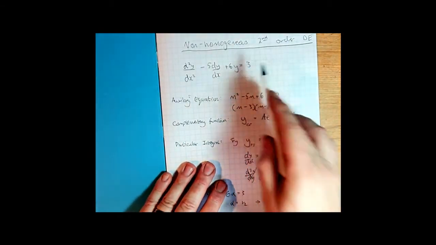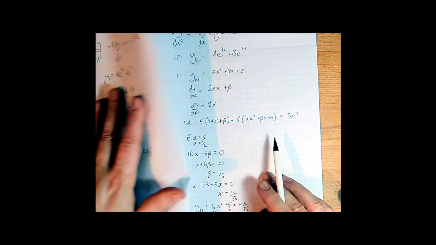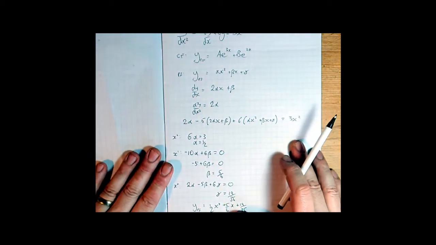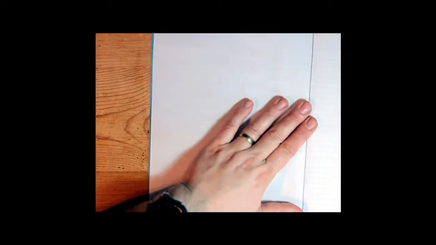So depending on the right hand side, I need to pick a particular integral that fits. And that's the skill here. Now the A-level spec only requires a subset of particular integrals, so it's not any function in x.